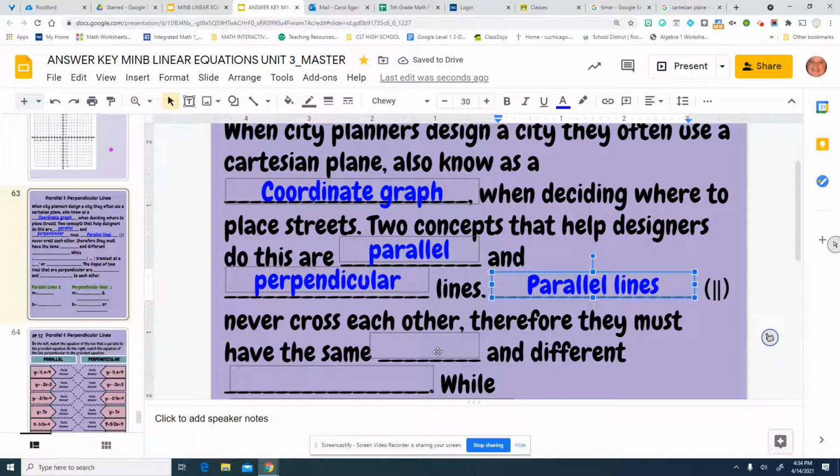These lines will go into infinity and they never cross each other. In order to make that happen, what must be true about those lines is they must have the same slope and different y-intercepts.